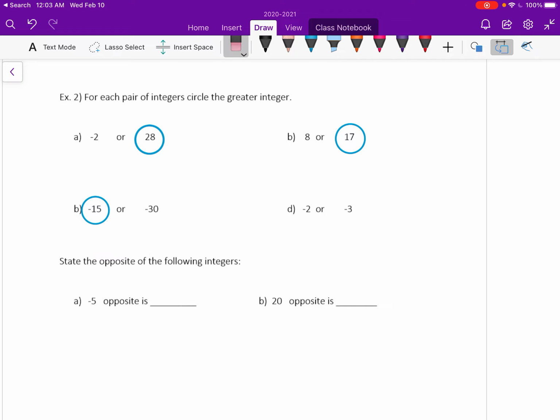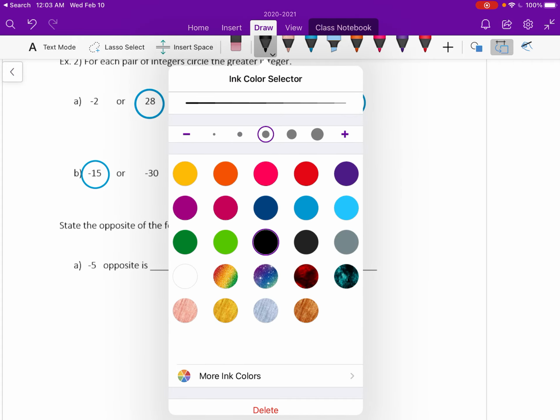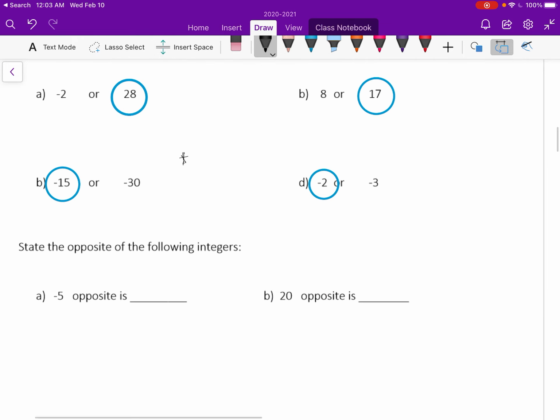So when you're on the other side, it's kind of like a mirror, right? When you're on the other side, things are opposite. And we know that -2 is greater for the same reason that -15 is greater. So I'm just going to write a little note for us here. Let's write it in orange.